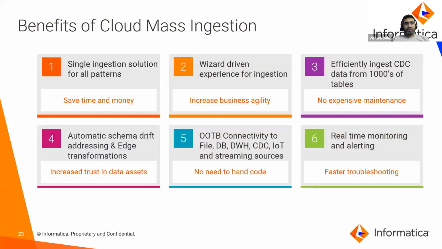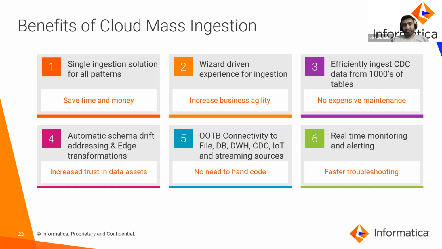As you saw, the benefits of cloud mass ingestion: it's a single ingestion for all patterns, so you can use it for all the ingestion patterns without having to go through multiple solutions. It's a wizard-driven experience, which increases business agility. You can efficiently ingest and CDC from thousands of tables.